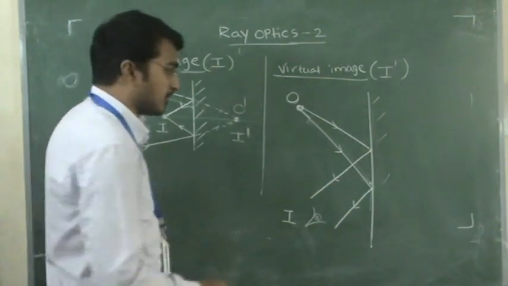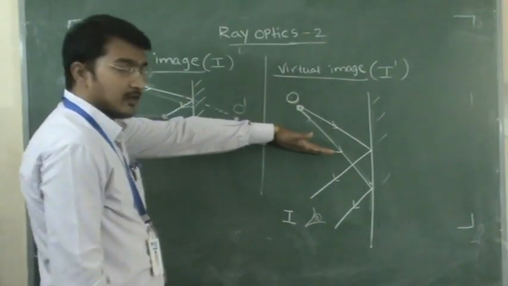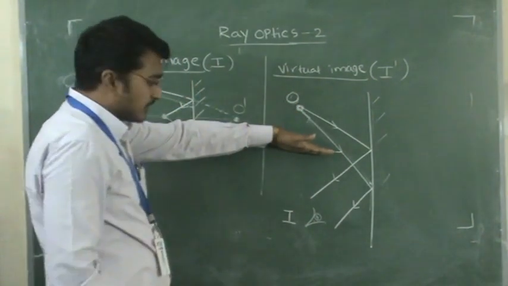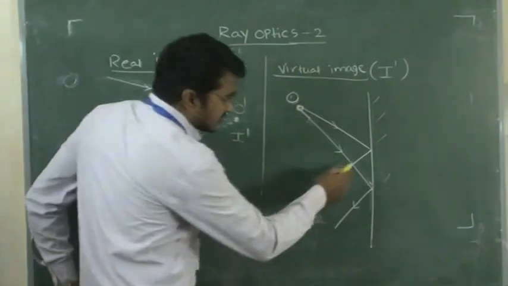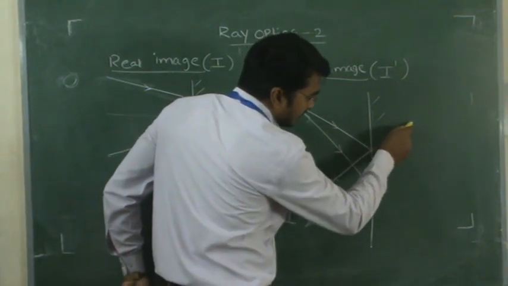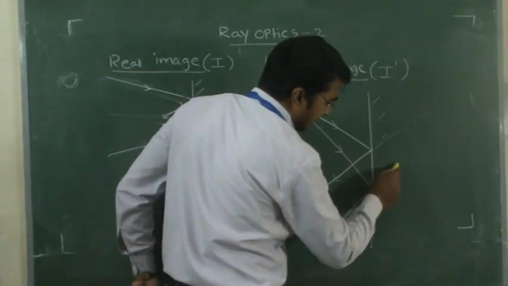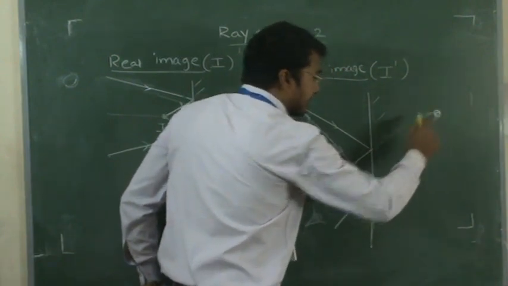Now coming to virtual points. The observer can't see the object directly, but he will see the image of this object. How is it? If we extend the rays in the back direction, both will meet at this point.